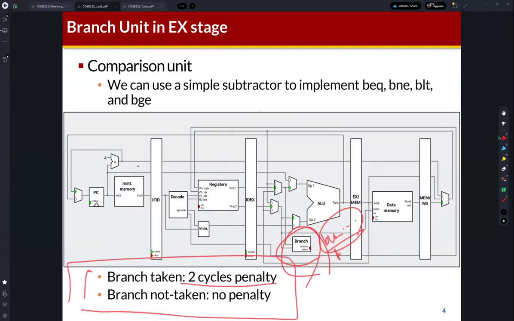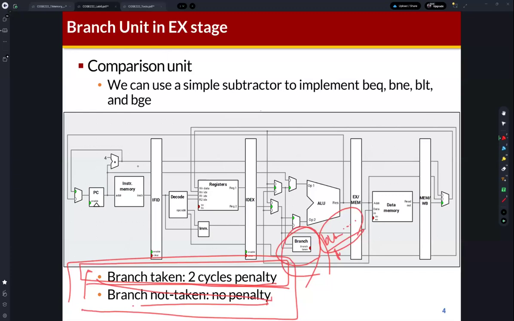If the branch is taken, then the instructions in instruction fetch and ID need to be flushed. This is the control hazard, right? The branch is not taken, no penalty. So we don't need to flush the instructions, but you need to implement this case. It's the hazard detection, okay?